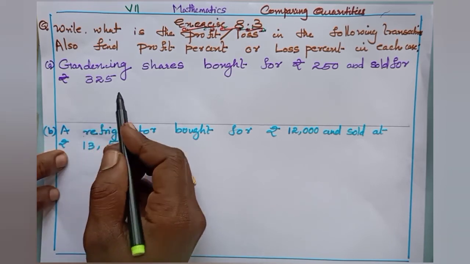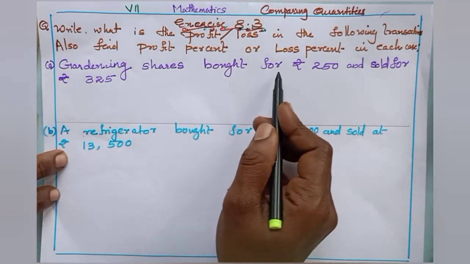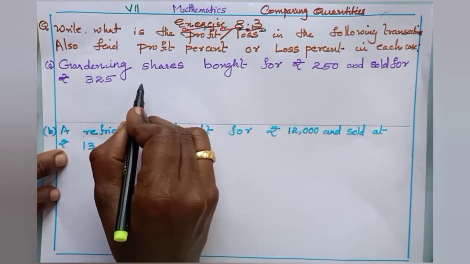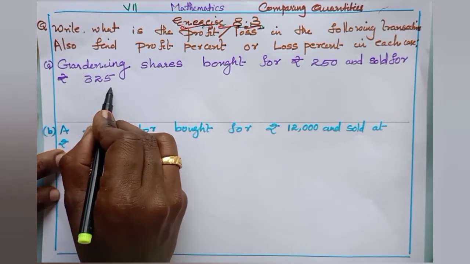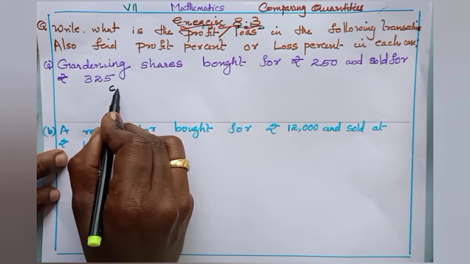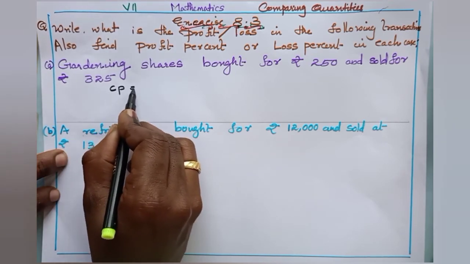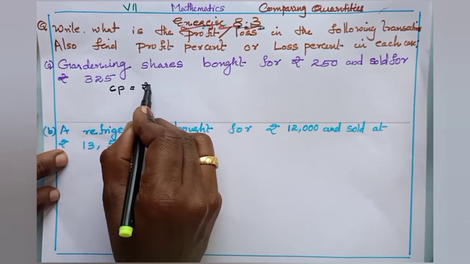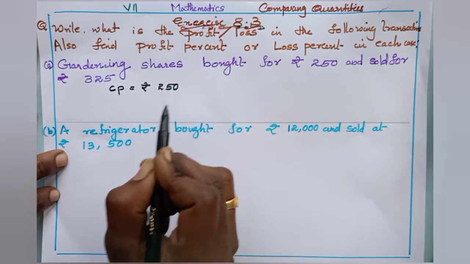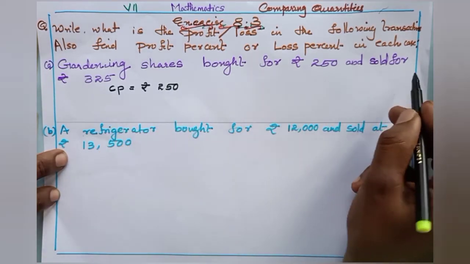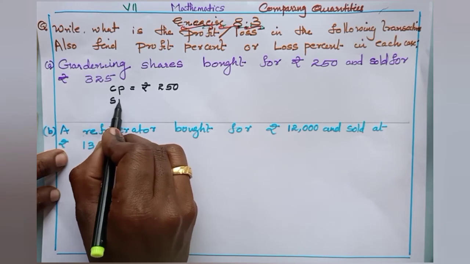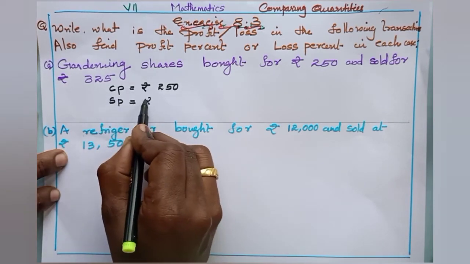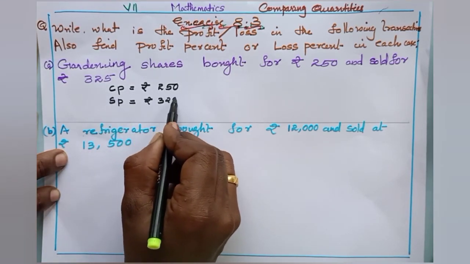Bought for rupees means the cost price is given, so cost price is rupees 250. Sold is the selling price, which is rupees 325.